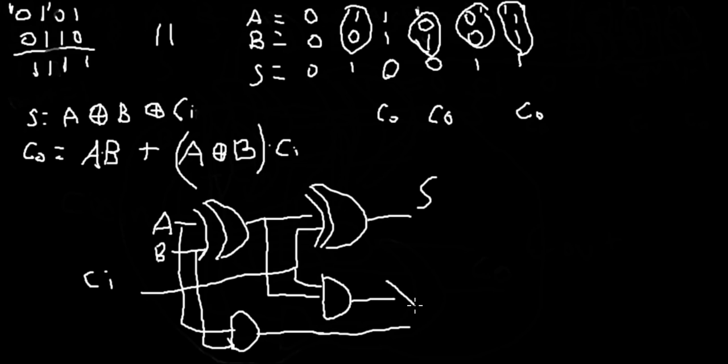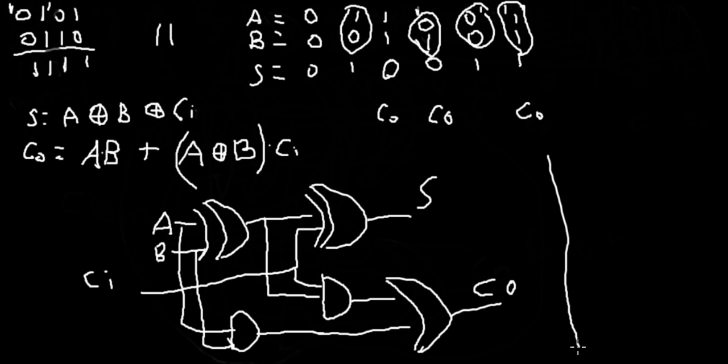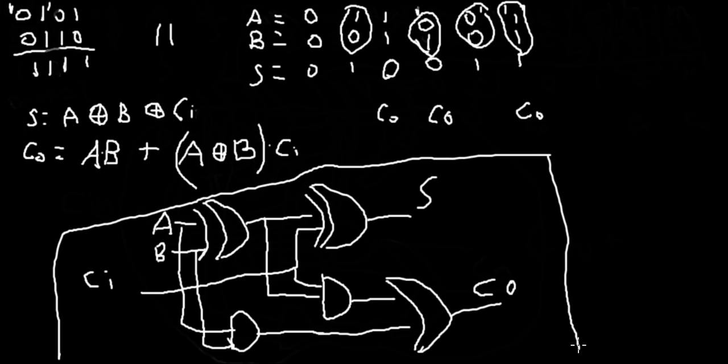And then these just go into an OR gate, and that's it. So think about it. We drew out this little algebraic equation, and then we just drew it. C out equals A and B, or A XOR B and C. Sum equals A XOR B XOR CN. And that's it. So this whole thing is a logic circuit that will add 2 bits.